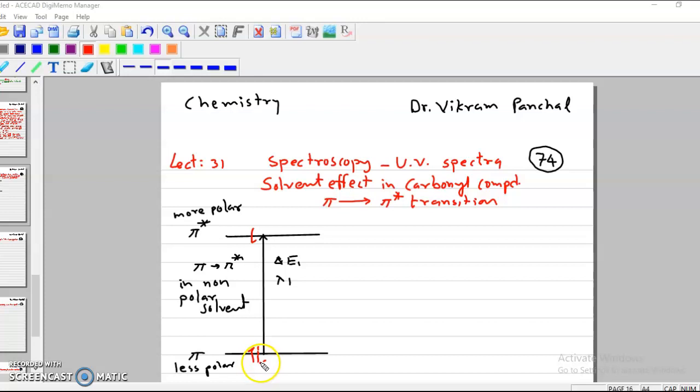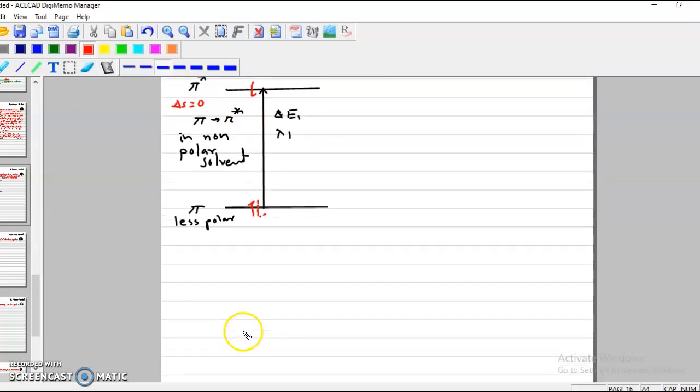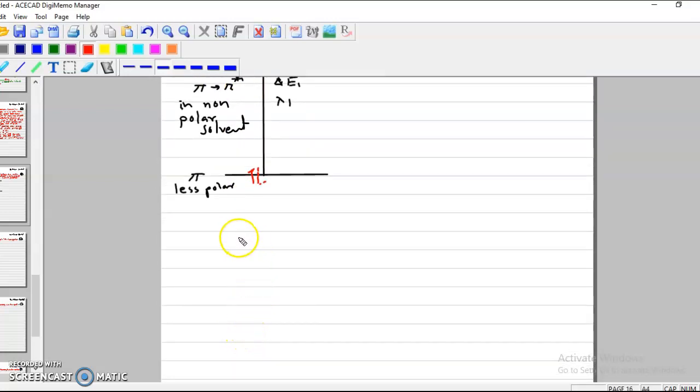When an electron absorbs UV visible radiation, one of these electrons will transit to the pi star state, but because of the selection rule delta S will be 0, and therefore the spin of this electron remains the same. But when an electron transfers to pi star from the pi BMO orbital, what happens?